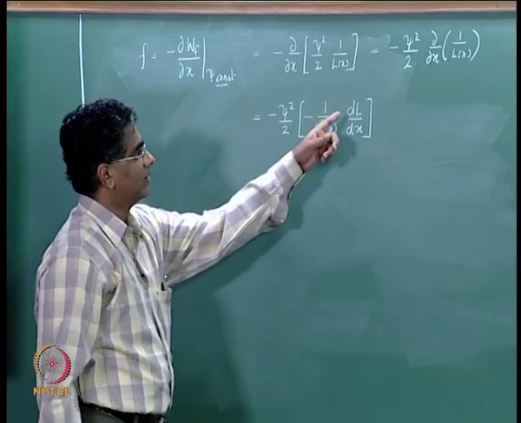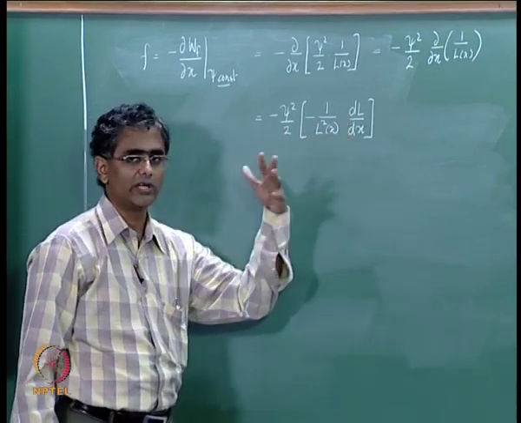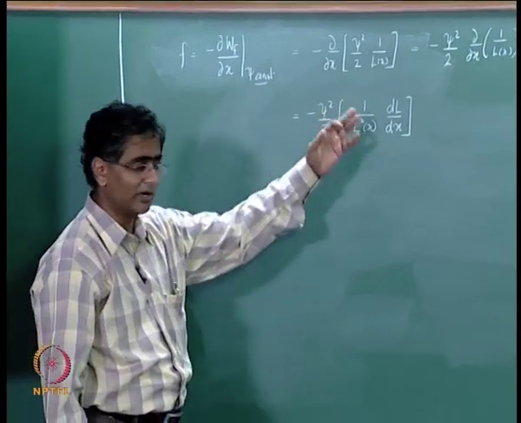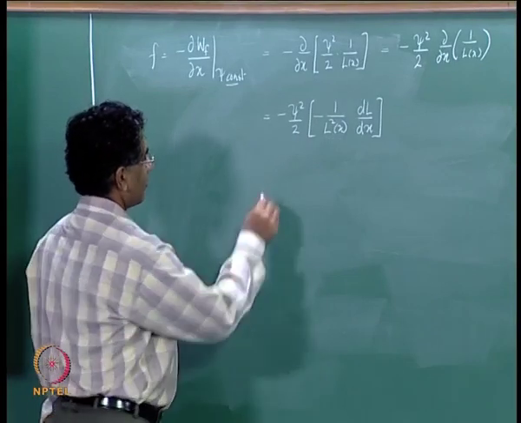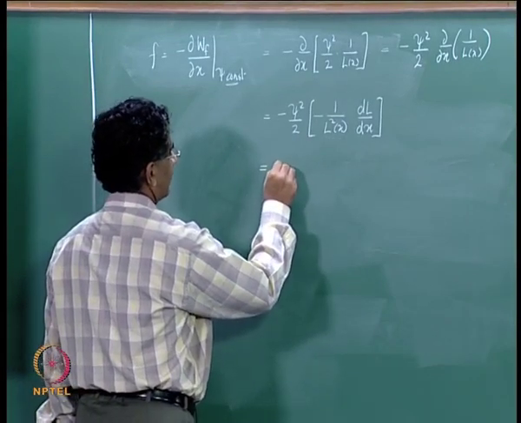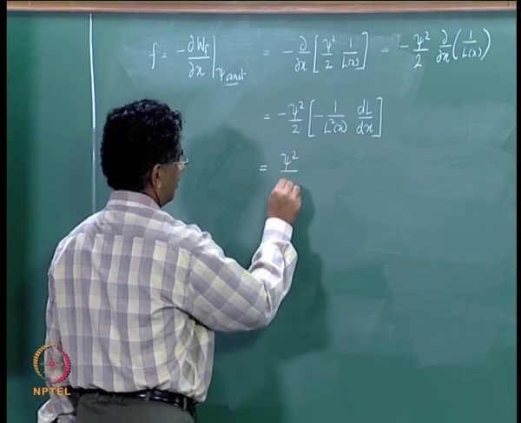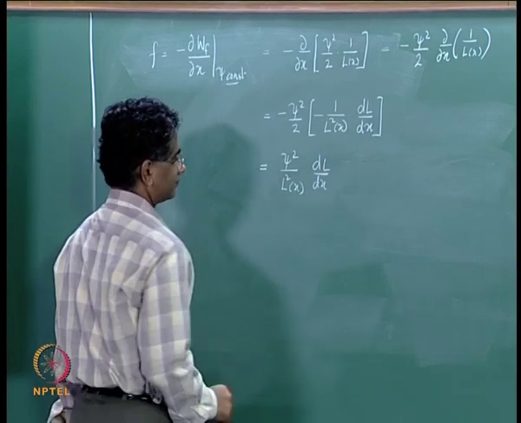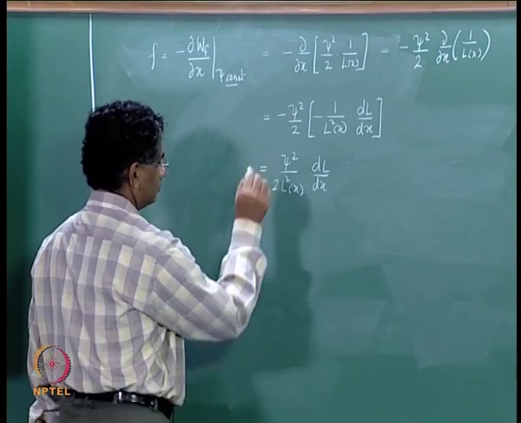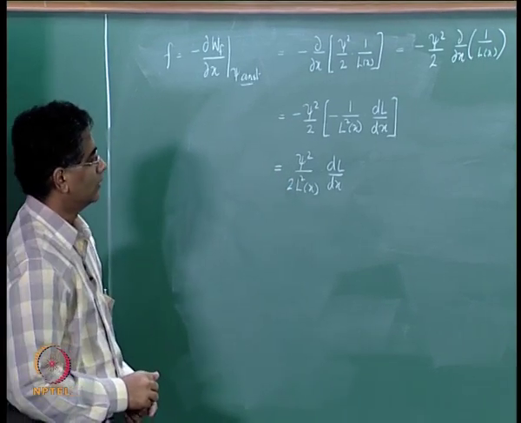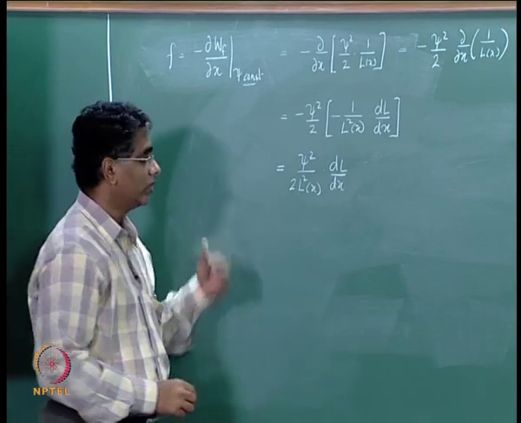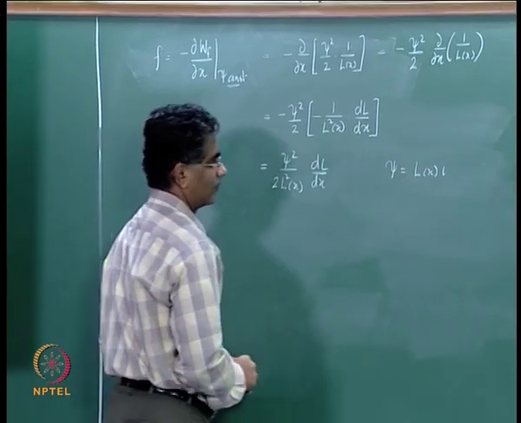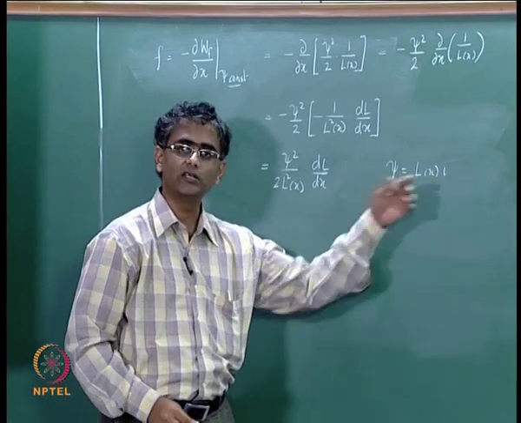We write it as derivative with respect to x because L is a function only of x, there is only a single variable function, and therefore we do not write dou L by dou x, it is dL by dx, which therefore is psi square by L square of x into dL by dx by 2. And we know that psi equals L of x into I, and therefore psi square is L square of x into I squared.